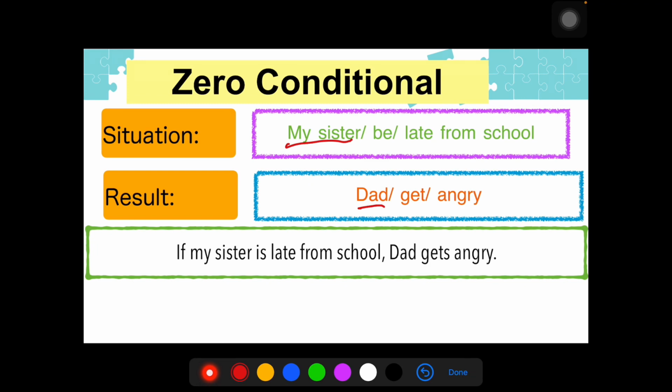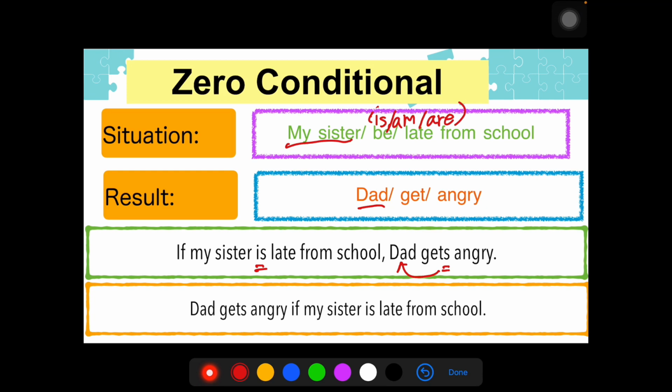Remember, be is am, is, are. So my sister is singular, that's why we use is. And then get adds an s because Dad is singular as well. All right, write it the other way around. Dad gets angry if my sister is late from school.